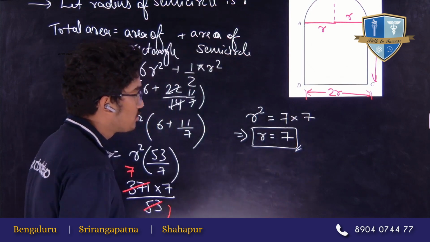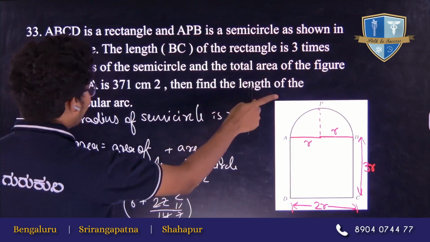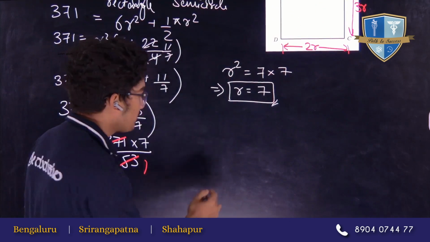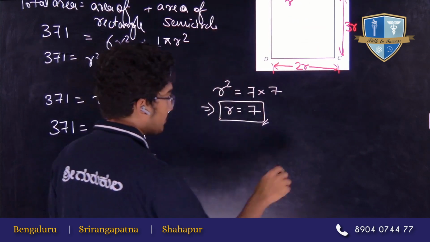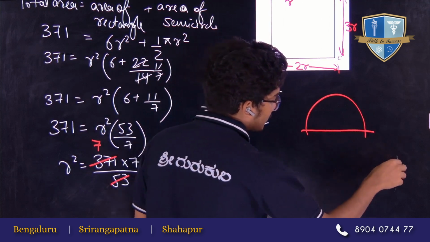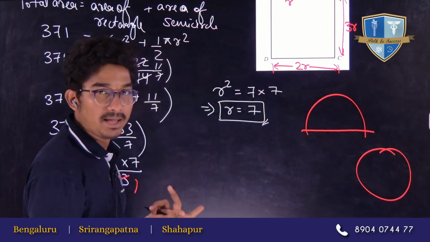If r is equal to 7, in the question they are asking to find the length of the semicircular arc. Half of the circumference means this part. If it is a complete circle, the length of the complete circle is 2 pi r. So the length of half of a circle will be pi r.